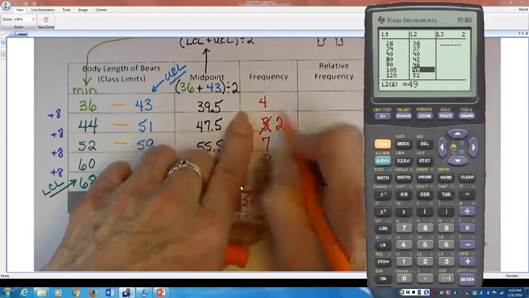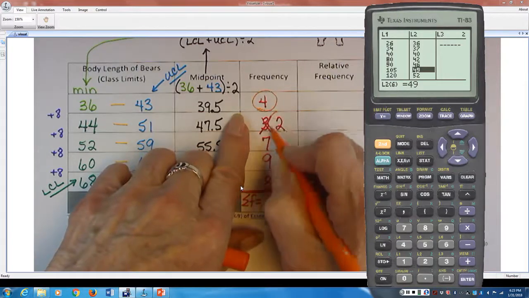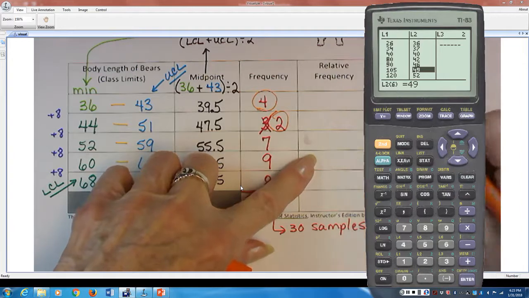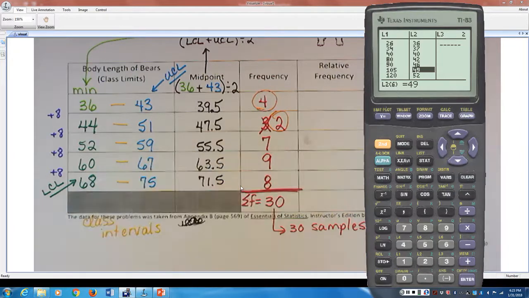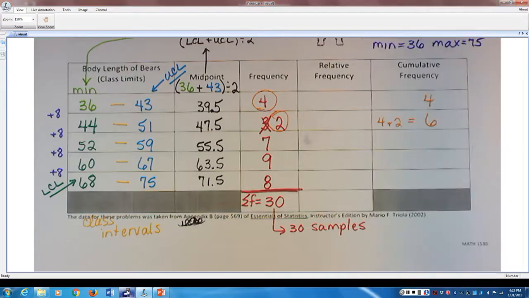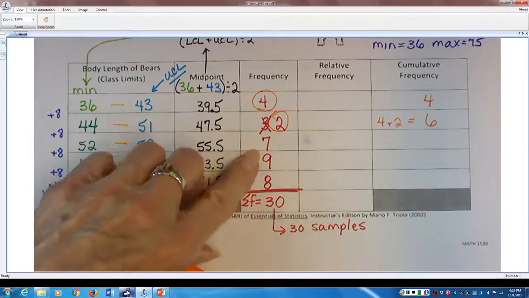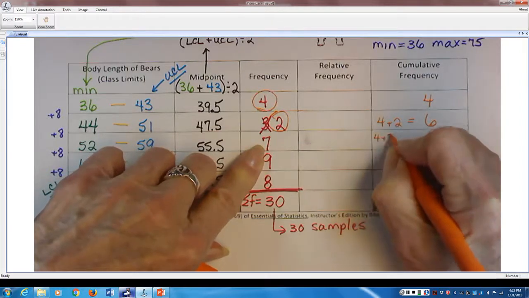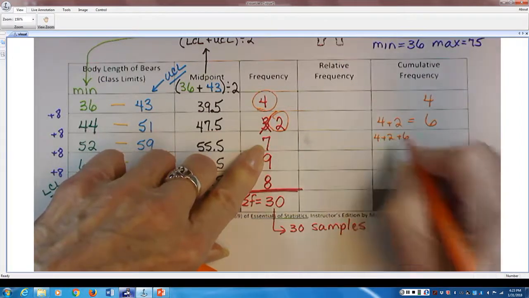But for the second one, we have 4 plus 2. That's going to be 6.